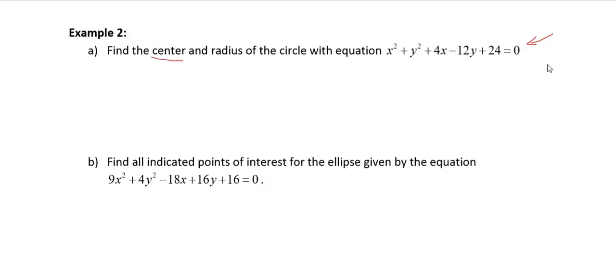If you want the center and the radius of this circle, right now I have absolutely no idea what they are. I can't see what the center is, and I certainly cannot tell what the radius is. That's one drawback to having a conic section in general form.